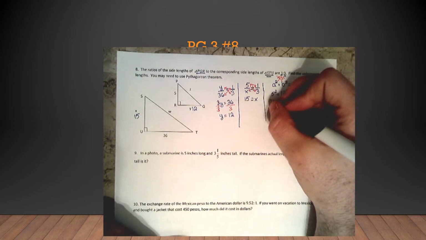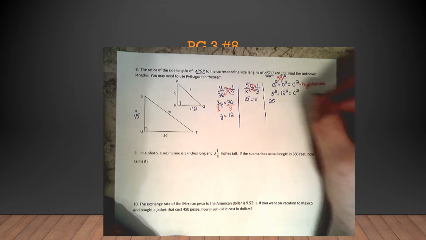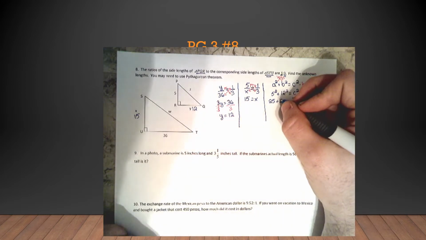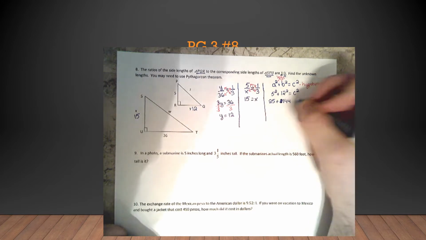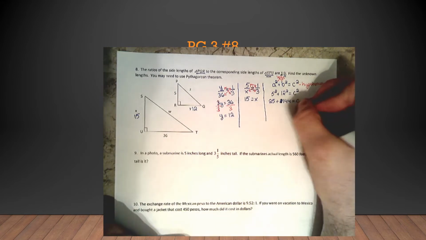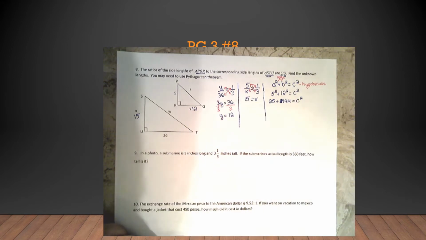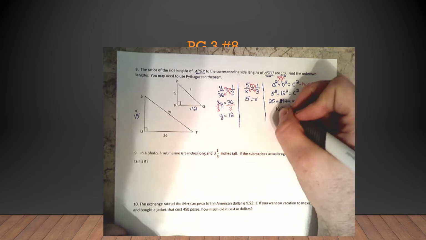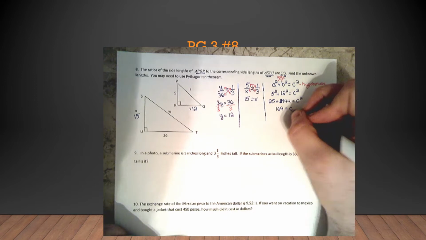5 squared is 25. 12 squared is 144. And this is all equal to c squared. So now I can add those together. I would get 169 equals c squared.